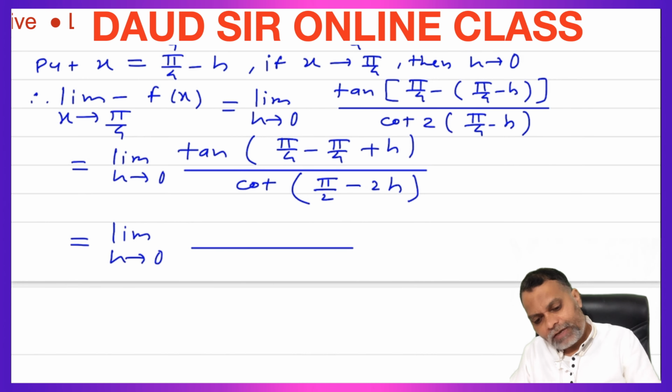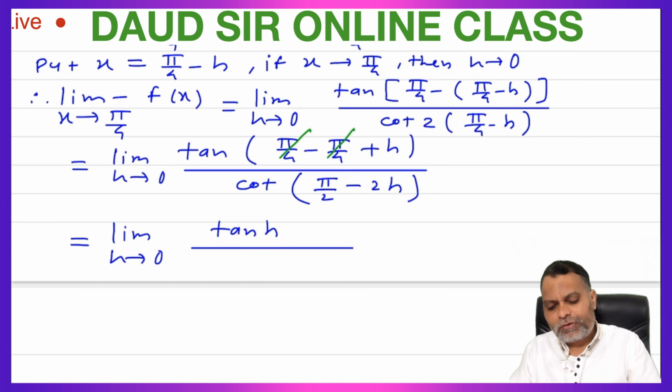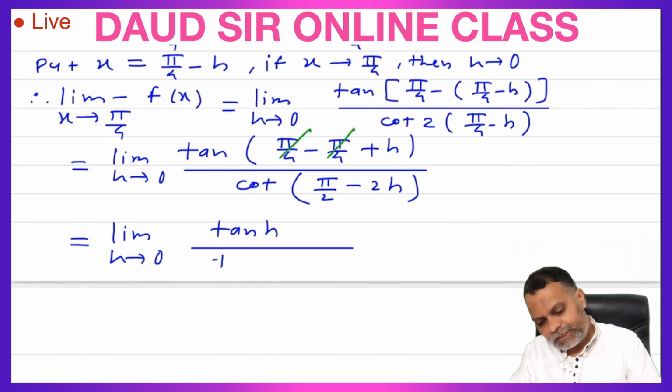This pi by 4 gets cancelled. This is tan h upon cot of 90 minus theta. 90 minus theta lies in the first quadrant. In the first quadrant, all are positive. So this is positive. In case of 90, change this, cot will become tan. So this is tan 2h.